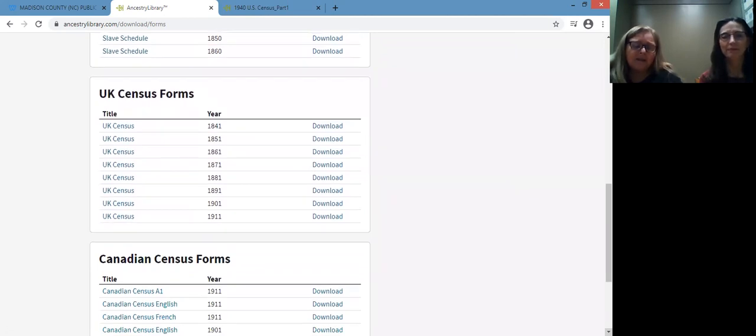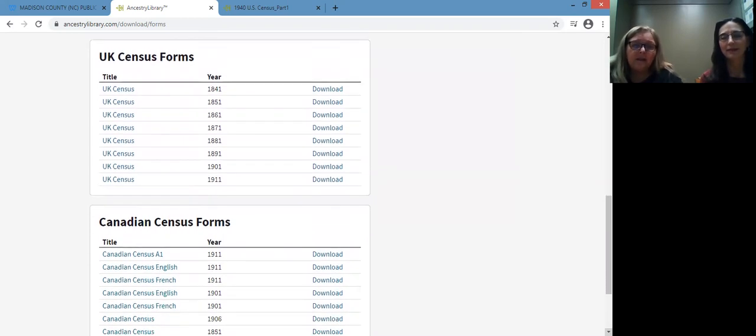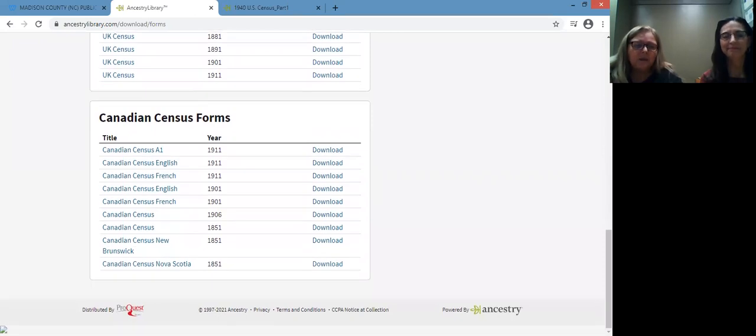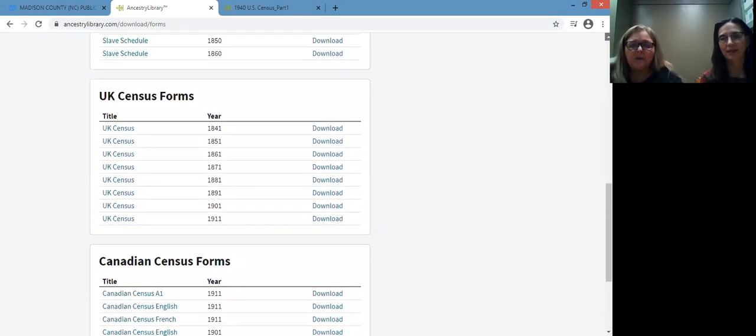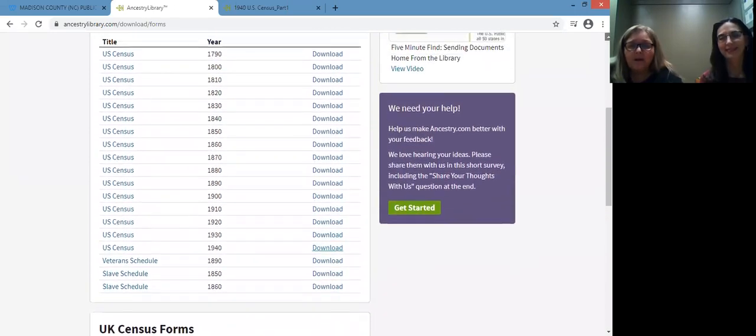And census records were taken every 10 years as they are now. And in the UK, theirs are every 10 years, except theirs must be on the odd year. And then you can look at the Canadian census forms. So there's lots of information just on this one website that you can go to. And like we said before, with your library card, it is free.